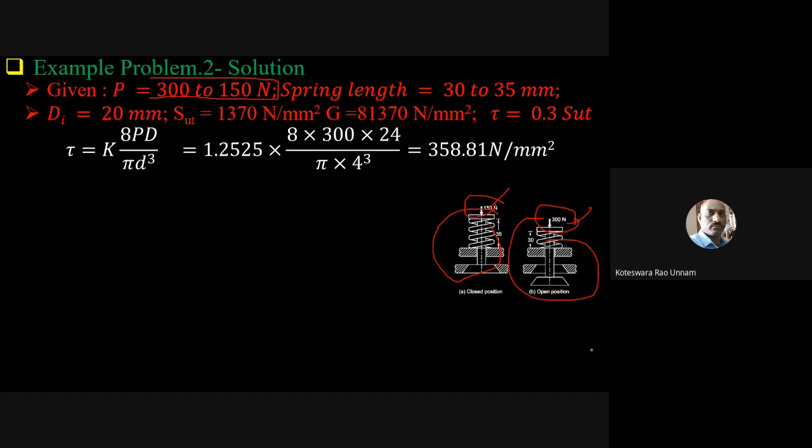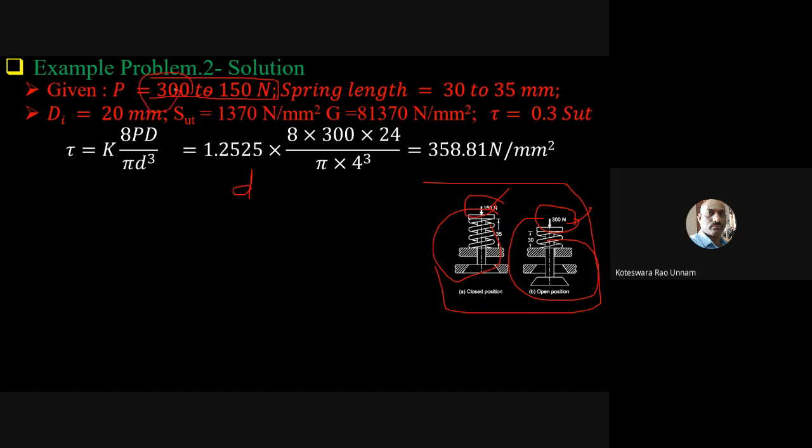So the load is changing, but you may have a doubt here. We already discussed and solved this problem, and the solution is over. But even though the load is changing from 300 to 150 Newtons, we did not discuss anything about the fluctuating load. Since the load is varying, you need to design for the fluctuating load, but we ignored that and simply designed for the maximum load of 300 Newtons only.